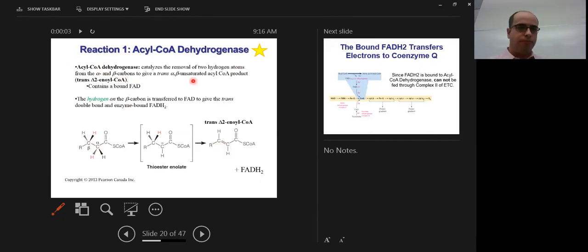The enzyme that does this, acyl-CoA dehydrogenase, contains a FAD molecule itself as a cofactor. And then the hydrogen of the beta carbon will be transferred directly to that FAD, and the enzyme will be bound to the FADH2, which we then can, of course, transfer those electrons to the electron transport chain.